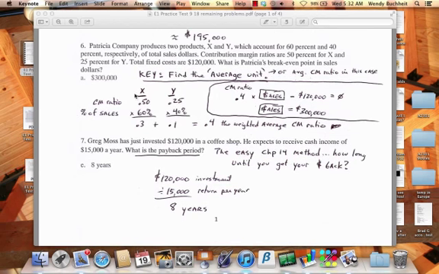All right, so we have the two products, X and Y. Contribution margin ratios are given, 50% for X and 25% for Y. Multiply those by the percent of sales for each product. Add those two numbers together, this 0.3 and 0.1, and you get this story that 0.4 is your weighted average contribution margin.